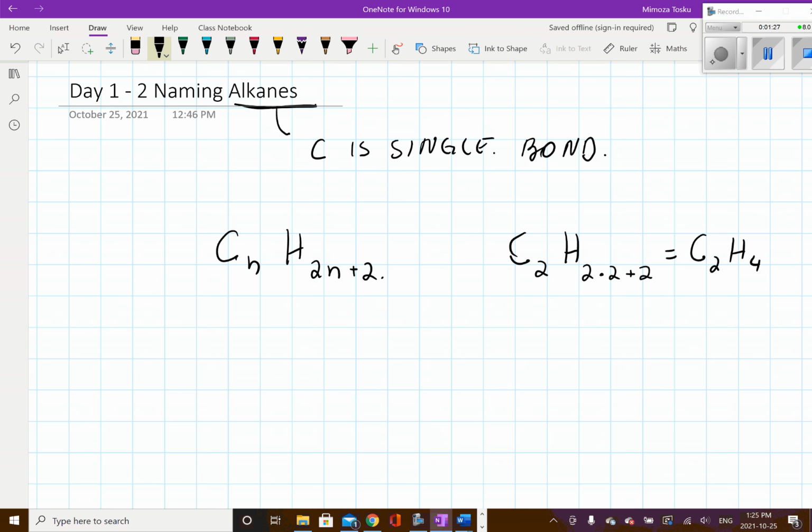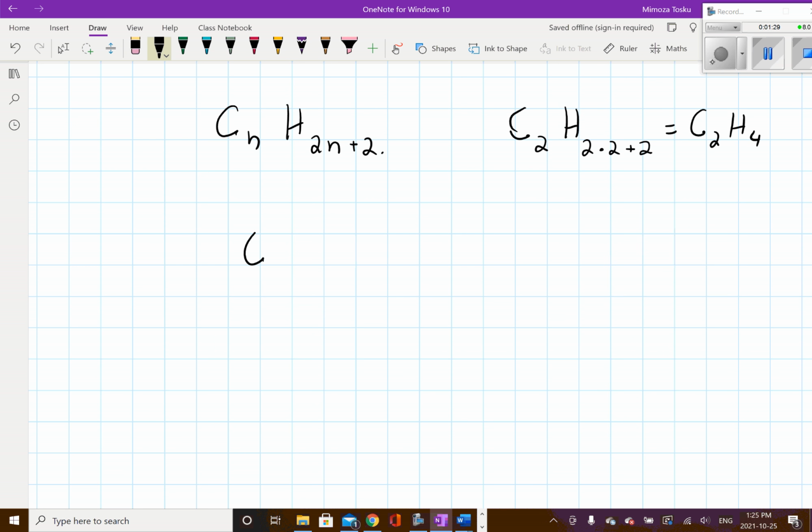Or if n is 4, let's say, C4, then hydrogen will be 2 times 4 plus 2, which will be C4H10, the formula of butane, which we saw in the previous video.